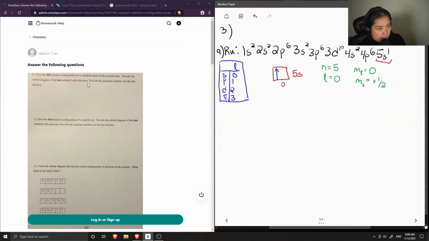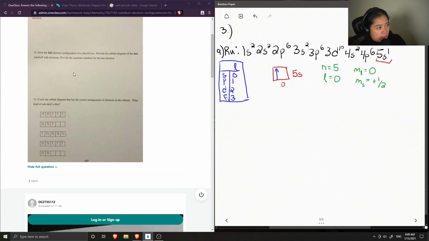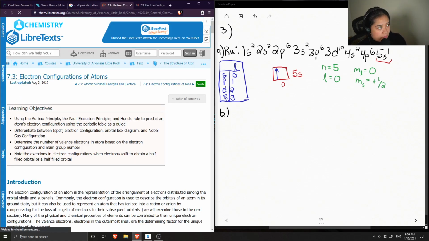So now let's see part B, which is to give the full electron configuration of a zinc 2+ ion. Provide the orbital diagram of the last subshell with electrons, and then provide the quantum numbers for the last electron. So it's a similar question to the first, but instead we deal with the cation, zinc.